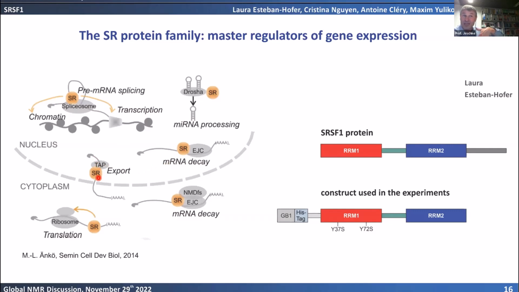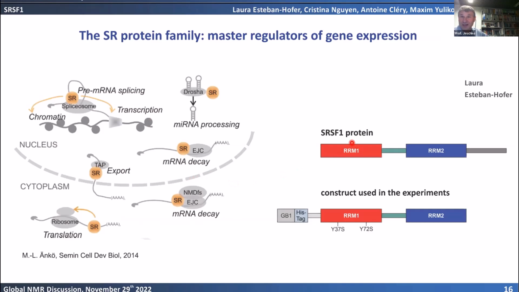It is involved in export of mRNA from the nucleus to the cytoplasm, because translation of the mRNA to proteins happens on the ribosome. The ribosome is not in the nucleus, it's in the cytoplasm. And you can also have mRNA decay in the cytoplasm. And because this is an RNA-binding protein, which can interact with several other partners, it is involved in all these different things. So that's why it's a very interesting protein.